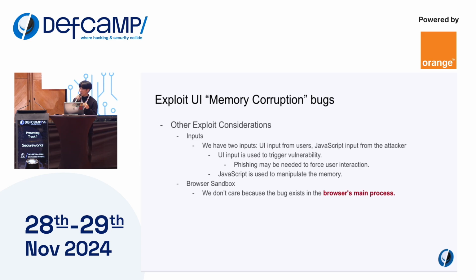So this is quite a hard constraint of the exploit. Triggering the vulnerability can be significantly different depending on the bug. As for the JavaScript input, when a user visits the attacker's website, the attacker can execute any JavaScript code to manipulate memory as needed.